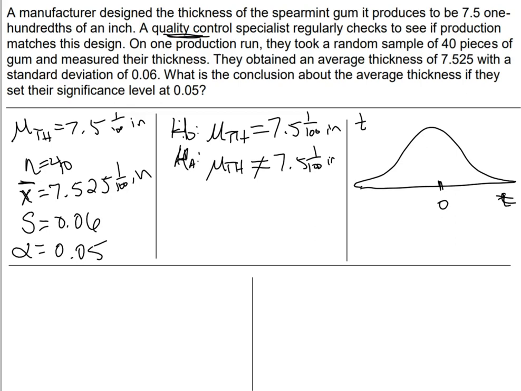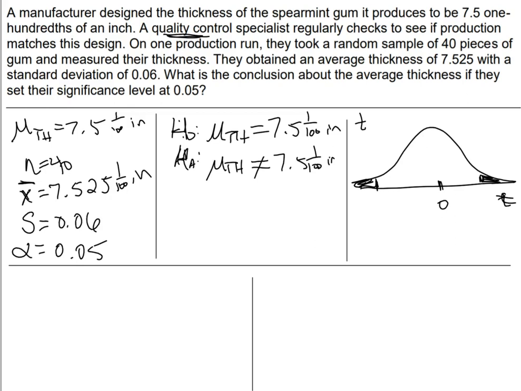My next question is: is this a one- or a two-tailed test? This is a two-tailed test. When I look at my alternative, it's not equal, so I want to shade in two different sides. Again, I'm shading in two regions because I've got this not equal. Step back and think about it: in words, what are we saying? This quality control specialist is looking for the average thickness to be 7.5 inches.